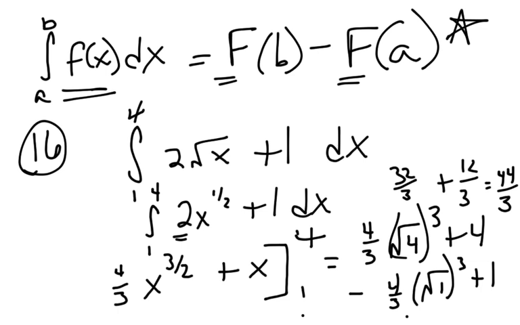And on the bottom, this would be minus 4/3 plus 1, which is 3/3, so minus 7/3. So 44 thirds minus 7/3 would be 37 thirds. I'm running out of room. So 37 thirds is the answer to that.